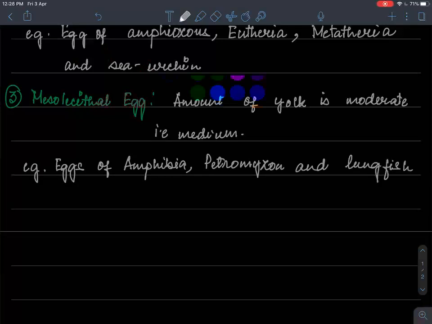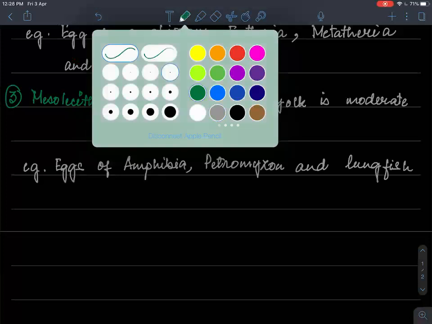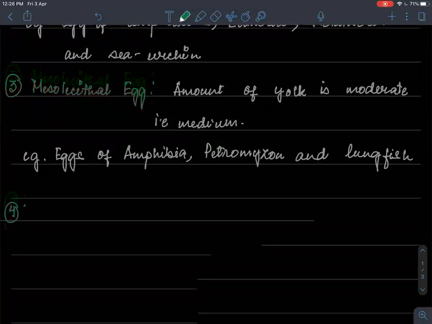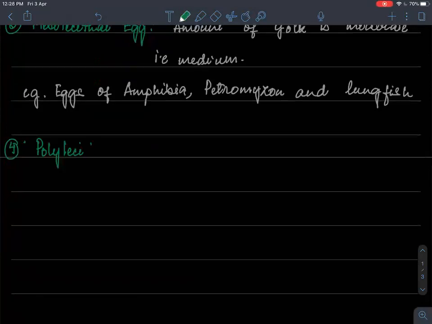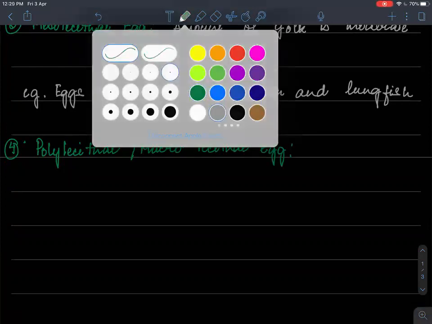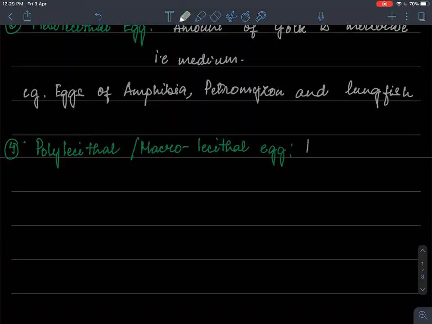And the last type, number 4, we have polylecithal egg, which is also called megalecithal or macrolecithal egg. Under this, the egg will have a large amount of yolk.